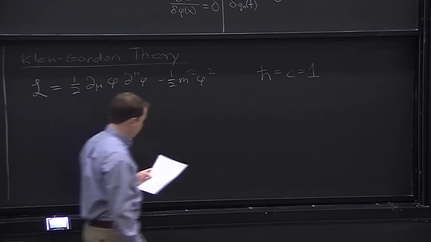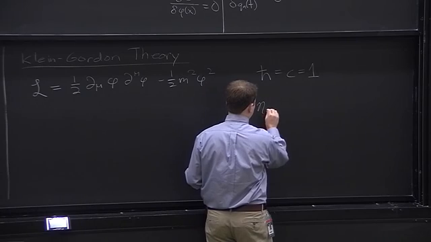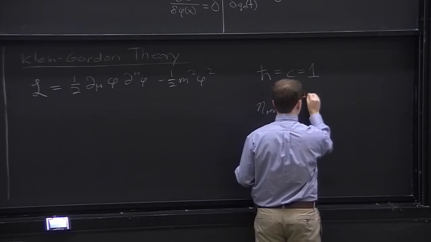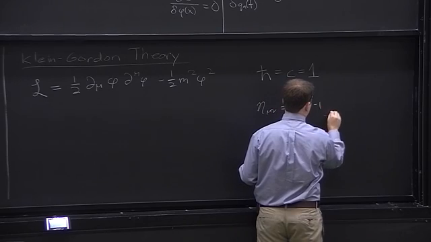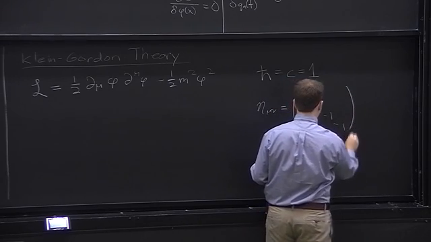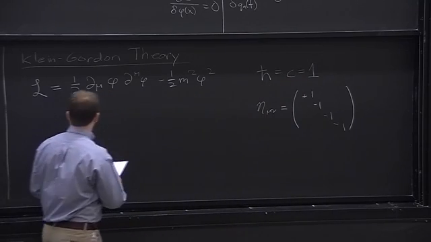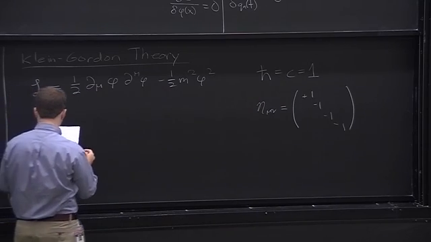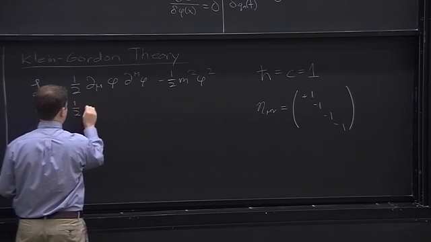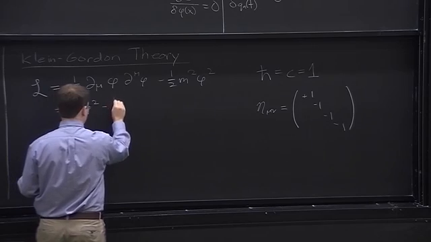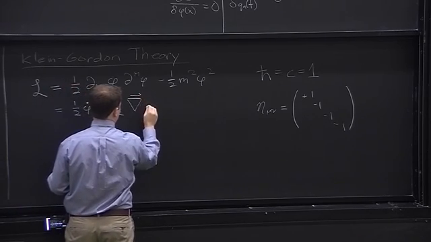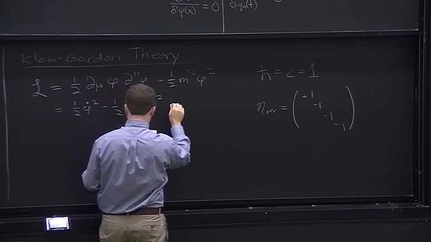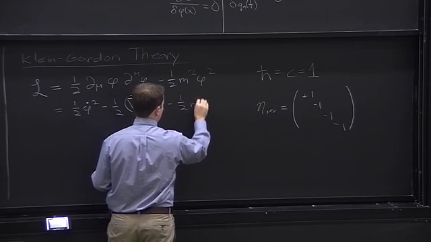And I'll also be using the mostly minus signature. So the Minkowski metric will be +1, -1, -1, -1, which means that if we write this Lagrangian out in terms of components, what we've got is 1/2 phi dot squared minus 1/2 times the spatial gradient of phi squared minus 1/2 m squared phi squared.